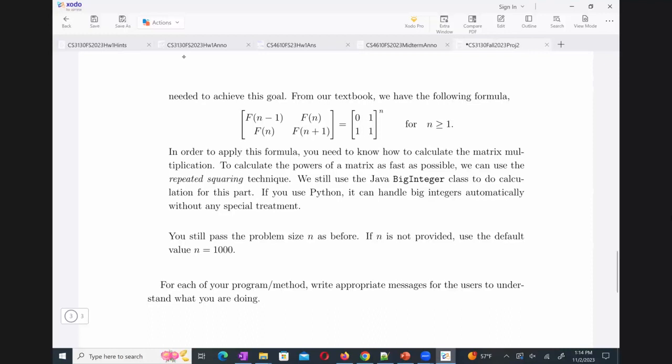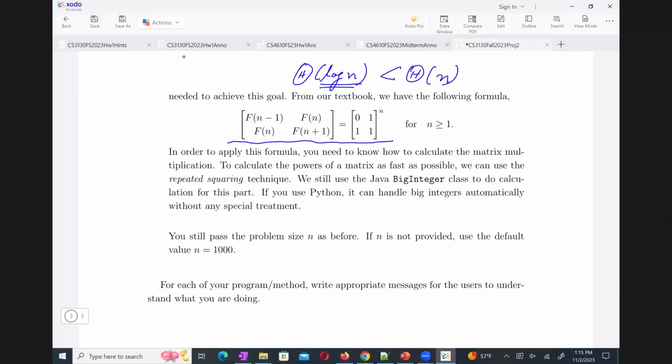With this algorithm, you can find the Fibonacci number in log n, faster than our previous one, which is n. Here, log n. Much faster. That's interesting. How do we get a log n algorithm? It is based on this nice matrix formula. Someone discovered this matrix formula, very smart.